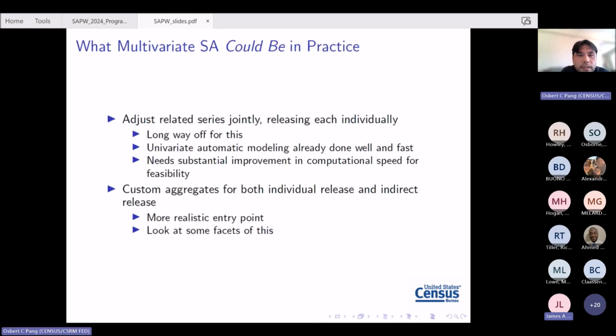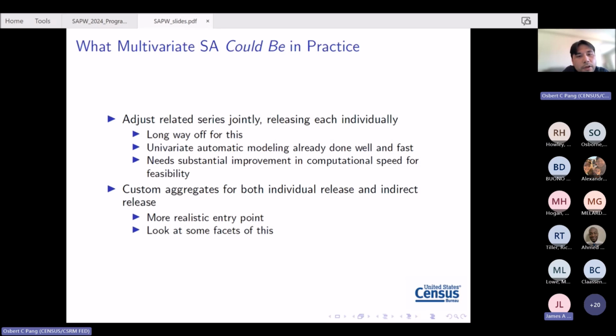So, this is a conjecture, if you will, on what multivariate seasonal adjustment could be in practice. The pie in the sky would be that we adjust related series jointly, and we release each of these individually. This is not something that we would expect to see in the near future.